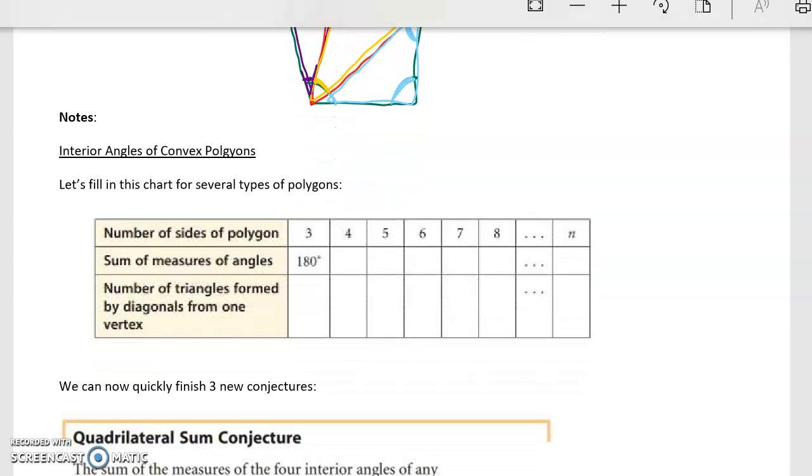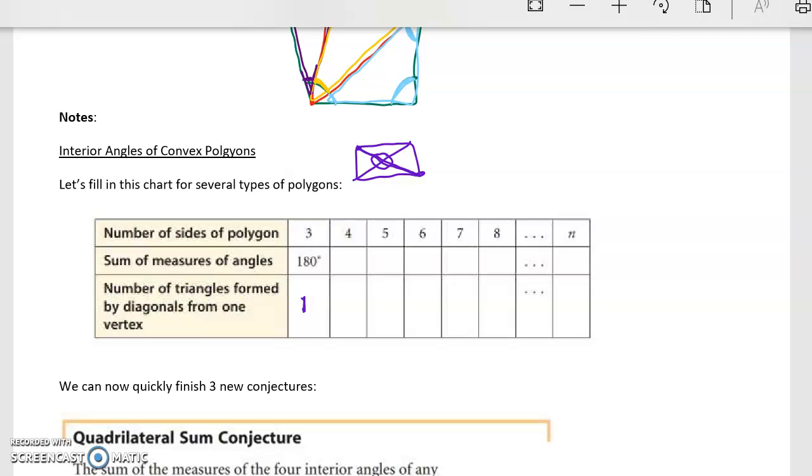So let's fill in a chart here. So in a triangle that has 3 sides, the sum of the measures is 180, and the number of triangles formed is 1, because you have a triangle. In a quadrilateral, we can connect 2 of the diagonals. Remember, it's just one diagonal or one vertex to all other vertices. So you don't want to do something like this, where you're drawing all types of triangles, because adding up these angles are not adding up the angles in the polygon itself.